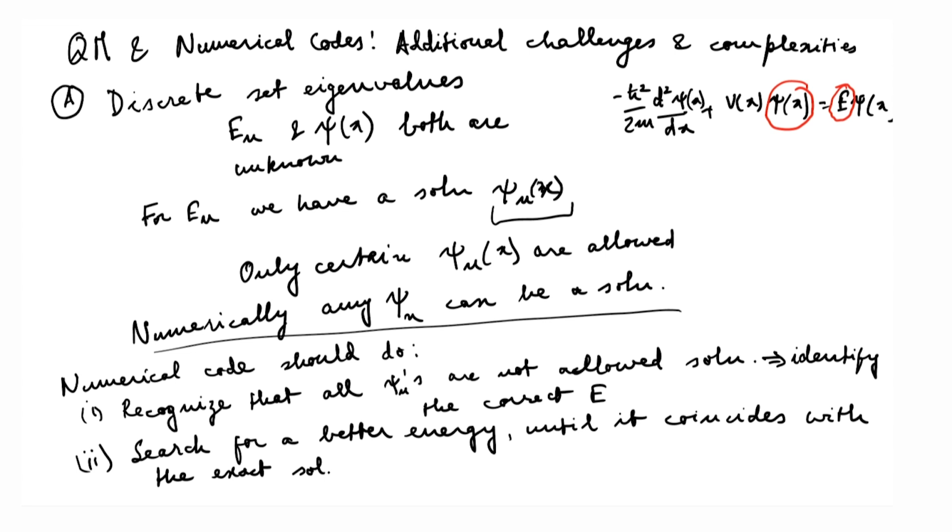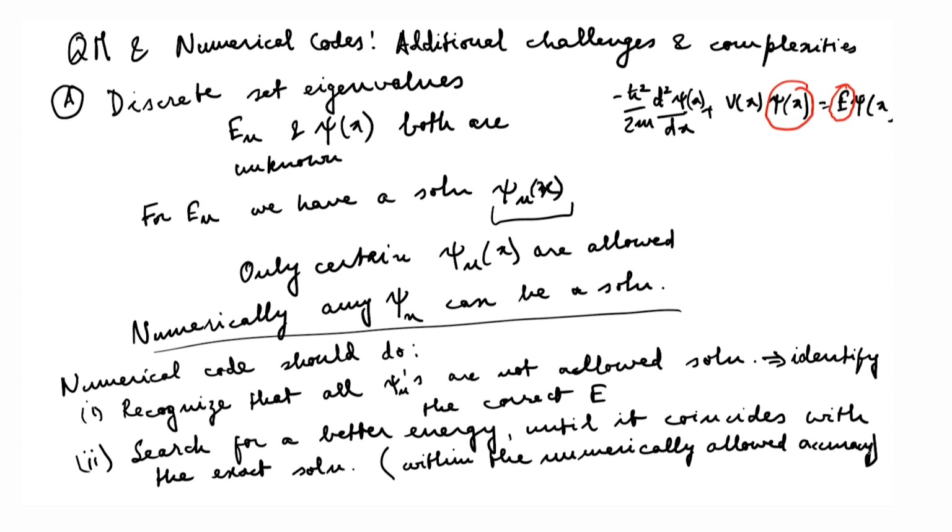Remember, I am using exact within quotes; when I say exact, I mean exact within the numerical accuracy, because numerically, in most cases, we will never get the exact solution. We can be close to it, because there will always be some numerical errors present.